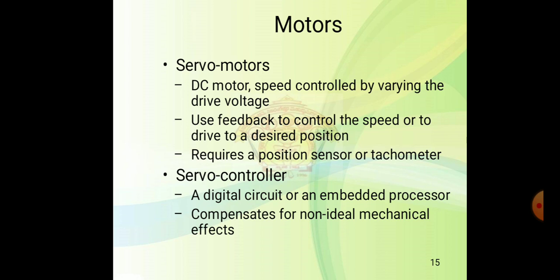In both cases we can implement the servo controller as a digital circuit or using an embedded processor. We need a digital to analog converter to generate the driving voltage for the motor. So we have seen that for motor controllers we require the digital to analog converter.